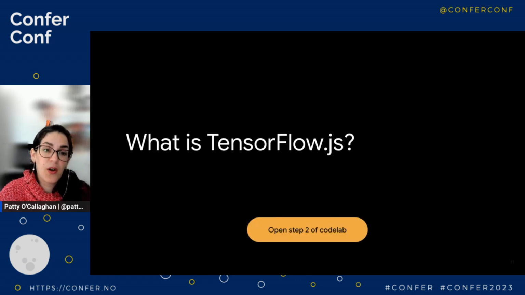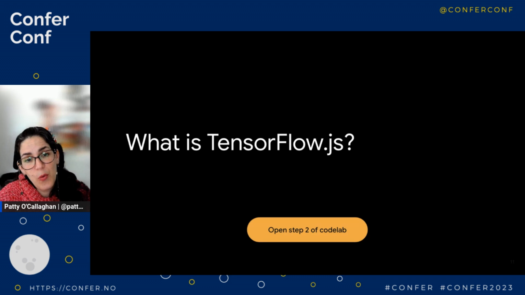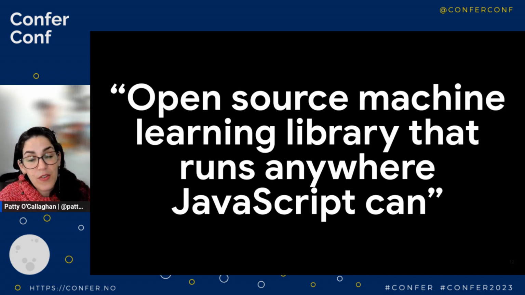Okay, so now I'm going to ask you to go back to the code lab and open step number 2. Again, I'm going to give you a summary, and let's talk about what TensorFlow.js is. TensorFlow.js is an open source machine learning library that runs everywhere JavaScript can run.